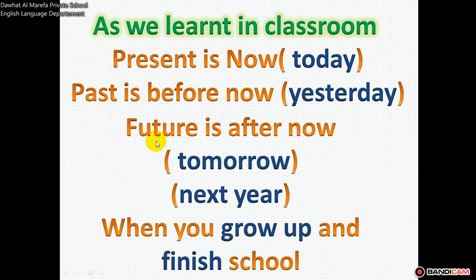Where, or when, is the future? Future is after now. Future is tomorrow, next year, or when you grow up and finish school. So the future is any time after today, or after now, or after this year.